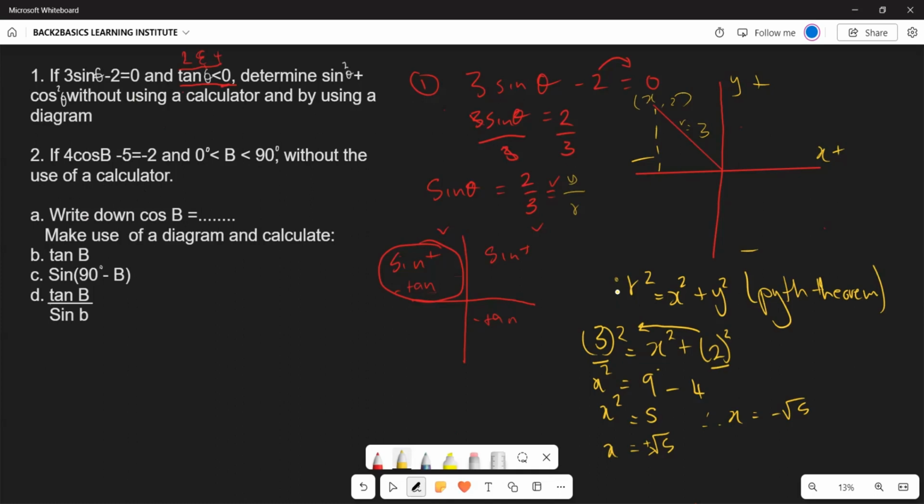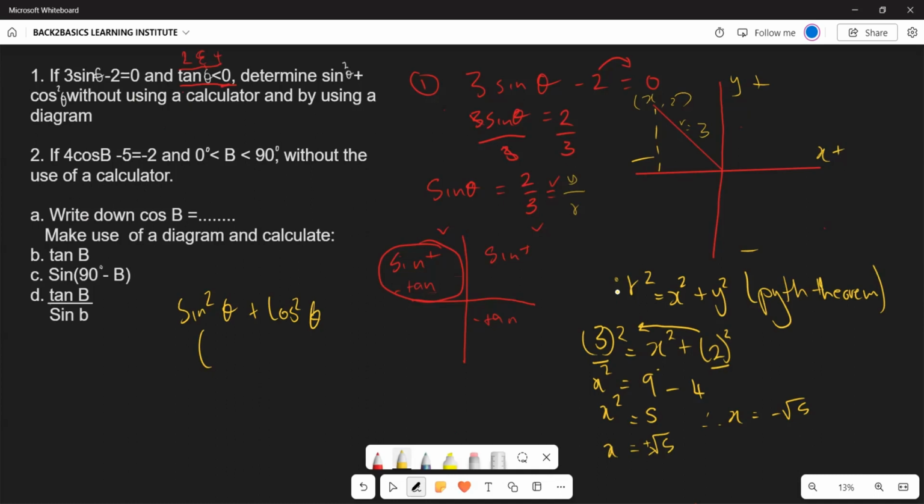The question is, they wanted you to find out what is going to be your sine squared of theta plus your cos squared of theta, right? So now you're going to come back and say now, what is the ratio of sine squared of theta in terms of x, y, and r? The ratio of that, you know that I usually prefer that you start this way.